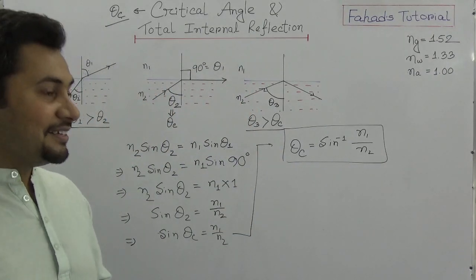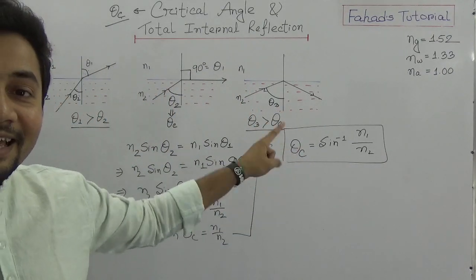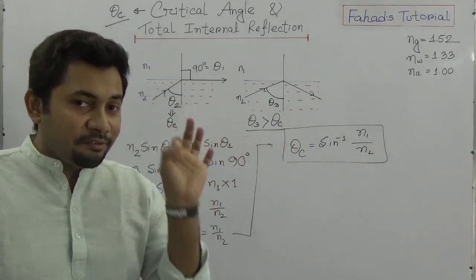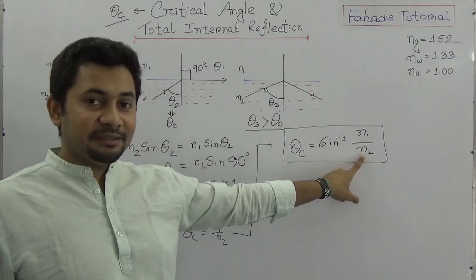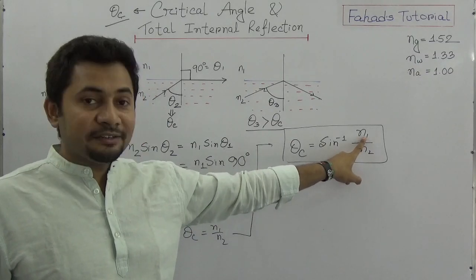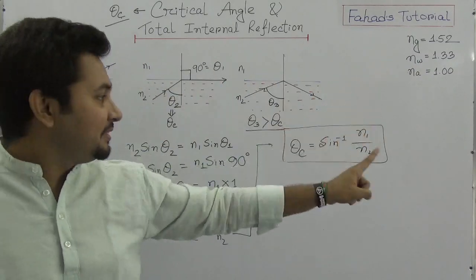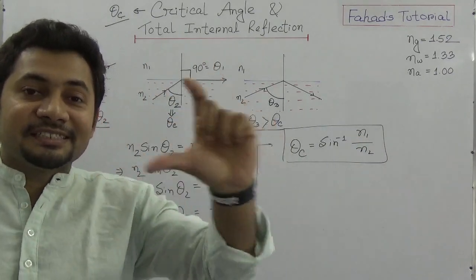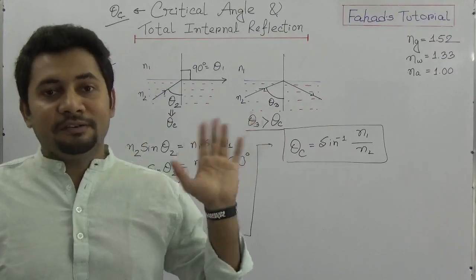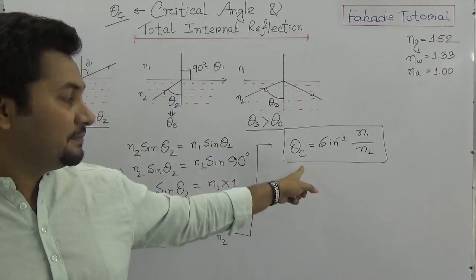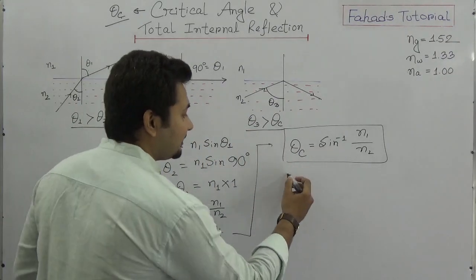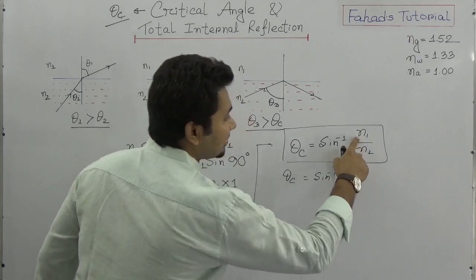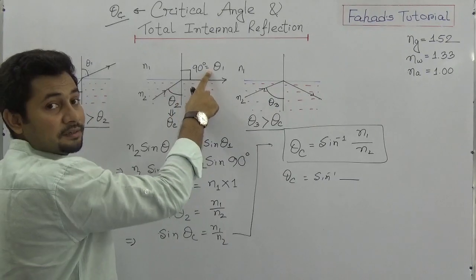How come? You see that the critical angle was formed in the second medium. So the refractive index of the second medium would be here, and the refractive index of the rarer medium would be here. If we know the refractive index in both media, we can find the critical angle. So now the critical angle would be sine inverse of n1, that means this one.